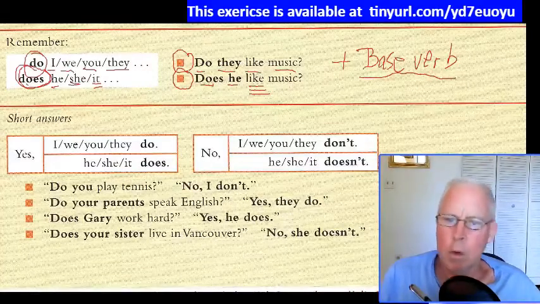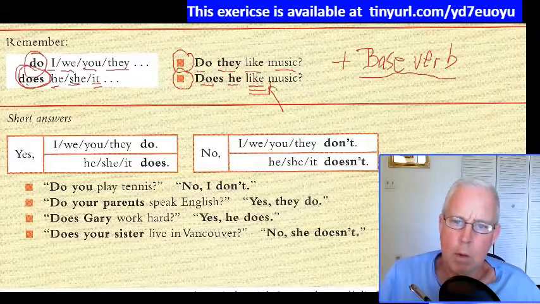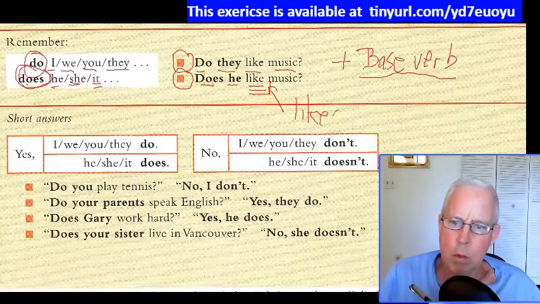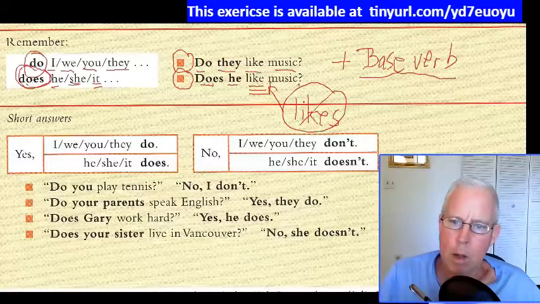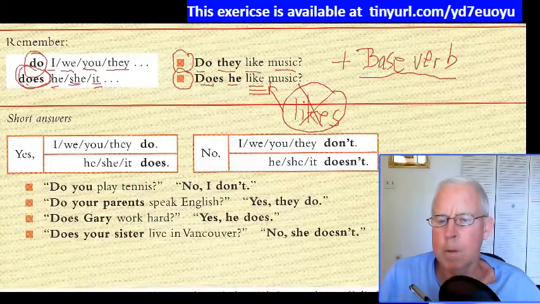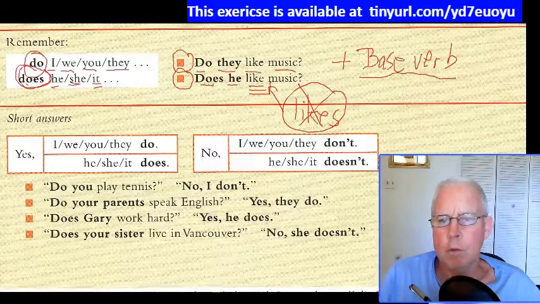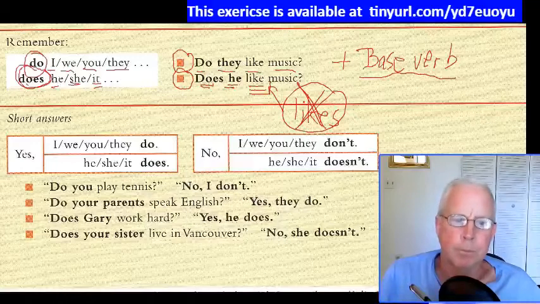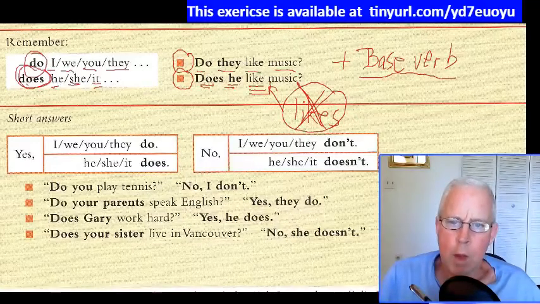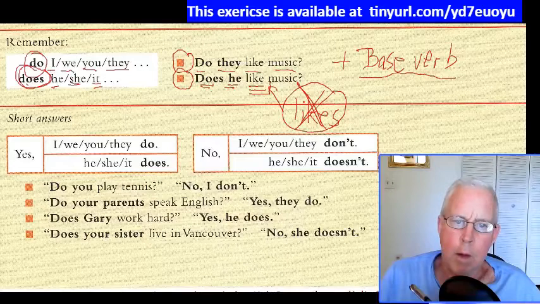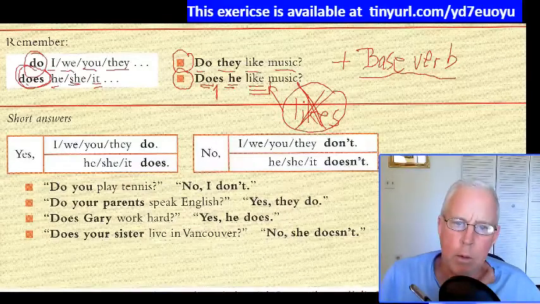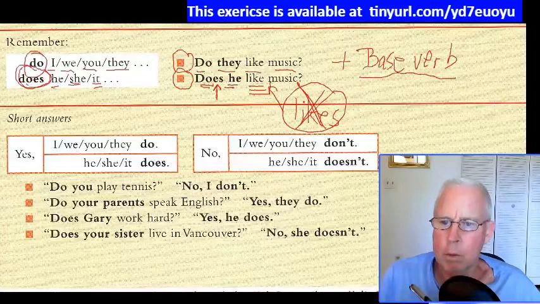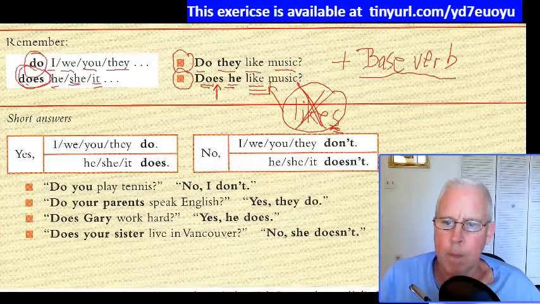Yes, no. So not likes. No, no, no. Not likes, but does he like, or does she like, or does it like? No likes. Why is that? Well, because the S is really here. You don't need an extra S here.